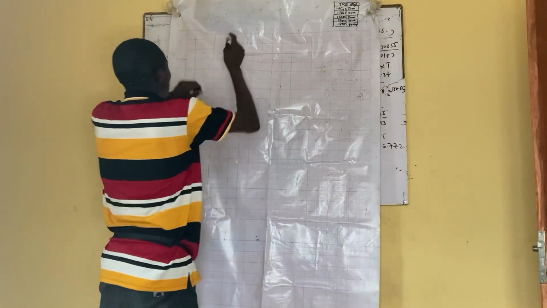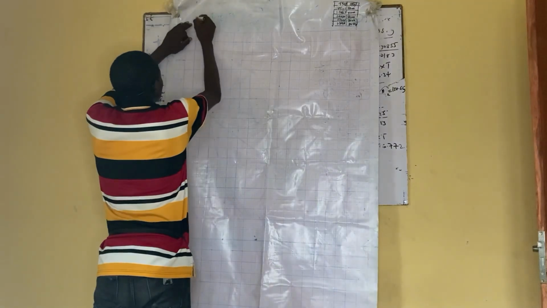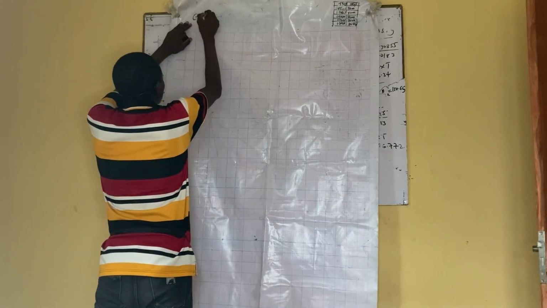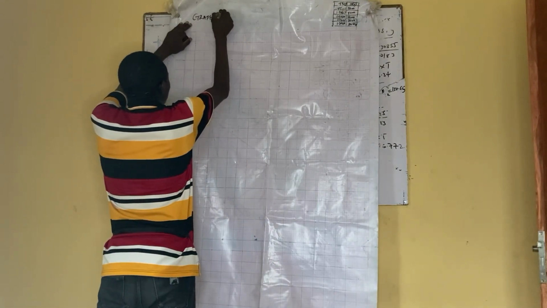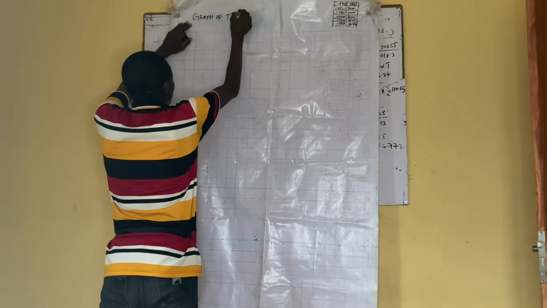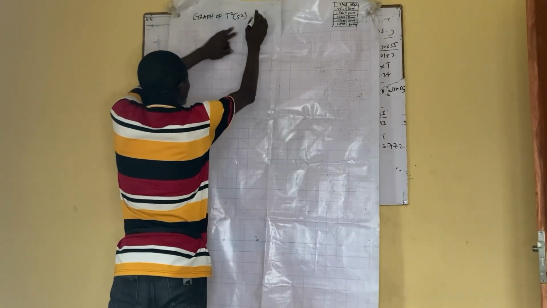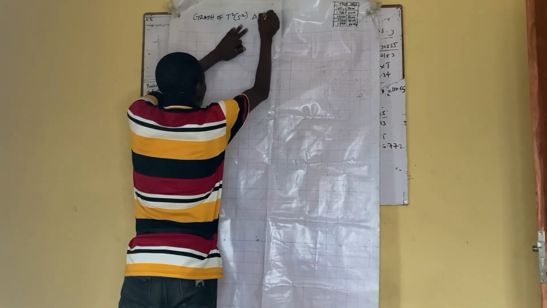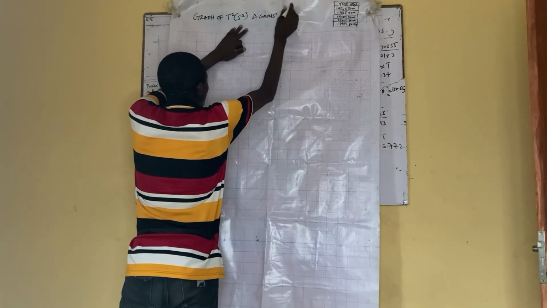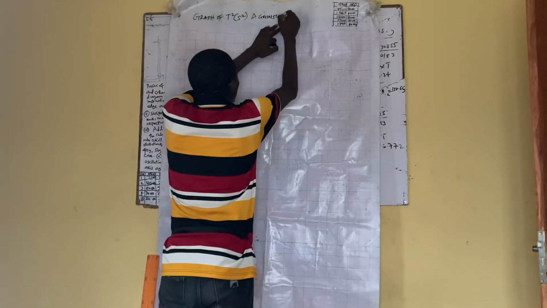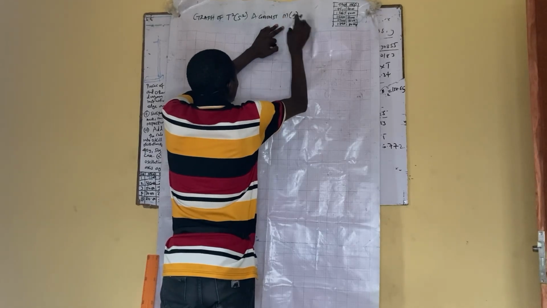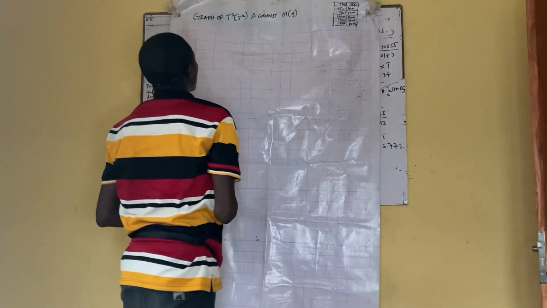The first thing is to write the title of the graph: Graph of t-square, which is period squared in seconds squared, against m in grams.